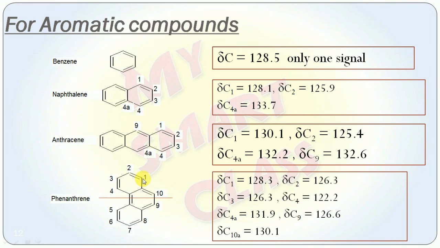Now this is 4A and this is 5A, both having a value of 131.9, C9 having a value of 126.6, and here 10A and here 8A having the value of 130.1. So these are the base values of all the aromatic compounds, almost all are covered.